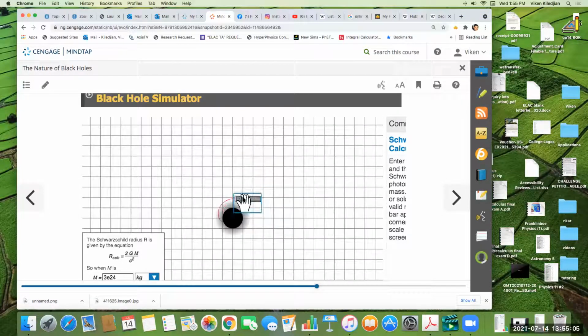So now if I go 1.5 times farther away of the Schwarzschild radius, I should be able to achieve a perfect circle. Wow, this is hard. Slight rotation. Trying to get a perfect circle.